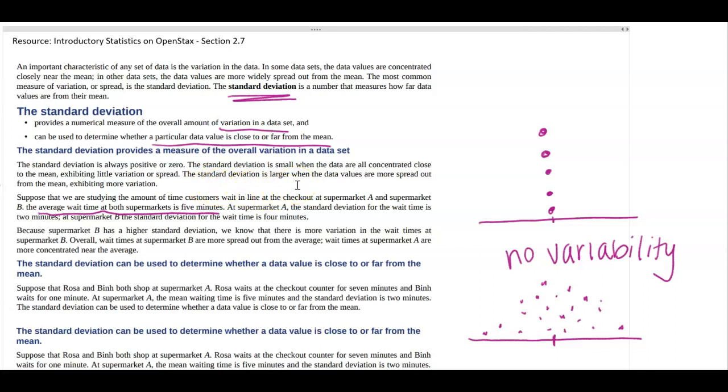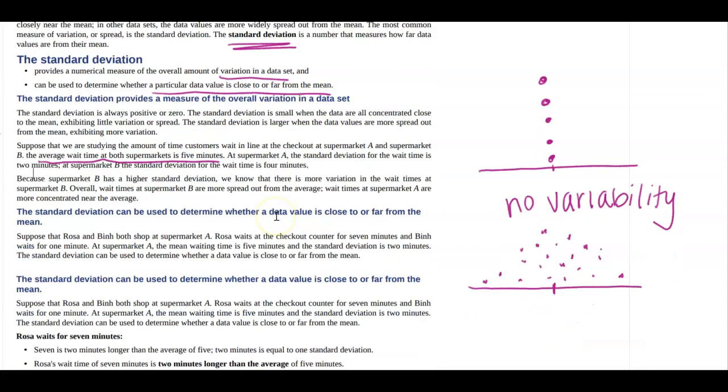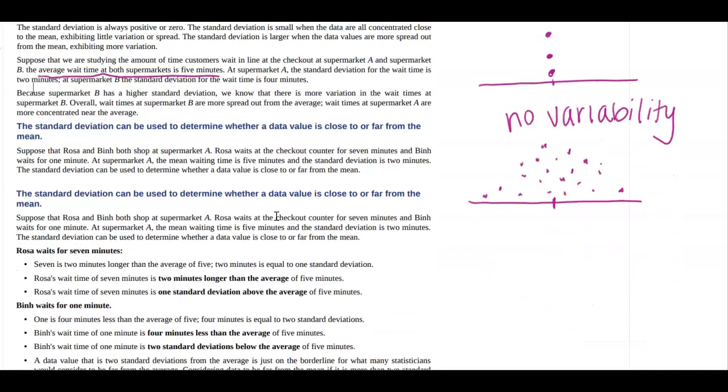So both of them have an average wait time of 5 minutes, but the spread of wait time for A is less than the spread of the wait time for B. It is more likely to have to wait longer in line, if you want to think of it that way, at B. There's more variation in the wait times at supermarket B. It's more spread out from the average.